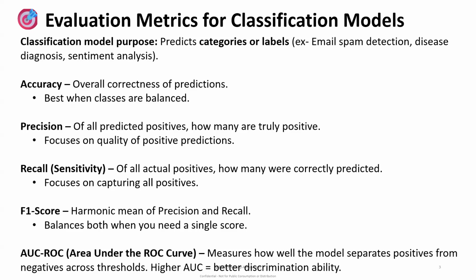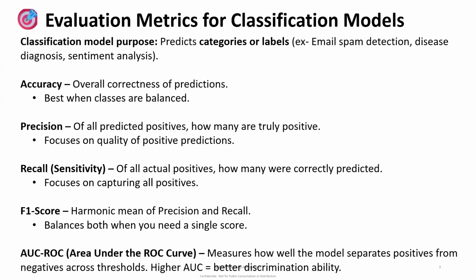What are the evaluation metrics? One is accuracy, which measures overall correctness of predictions. When your classes are balanced, accuracy identifies your overall correctness, meaning how often am I right overall?